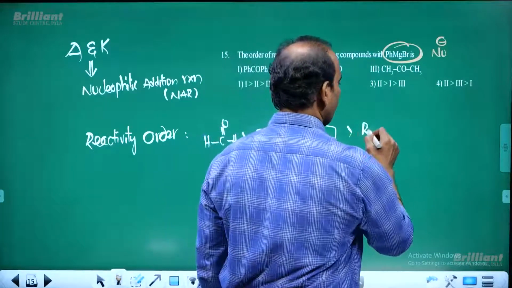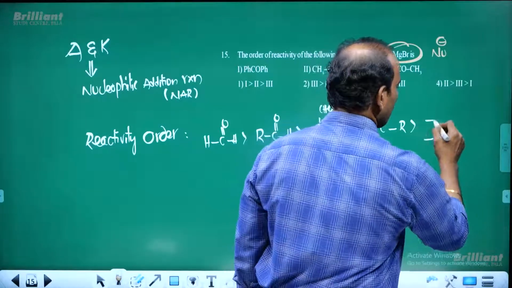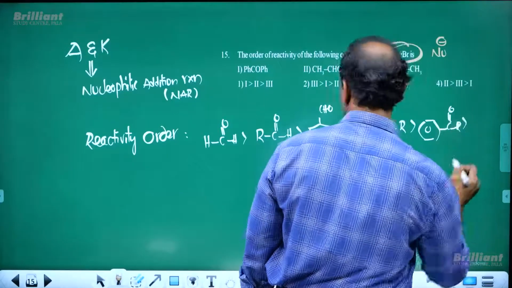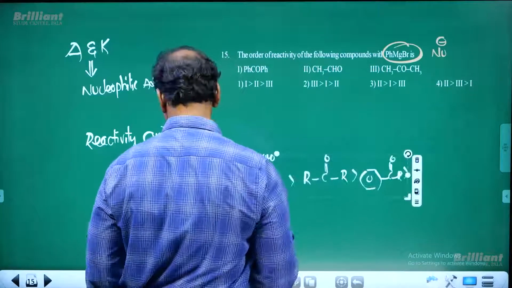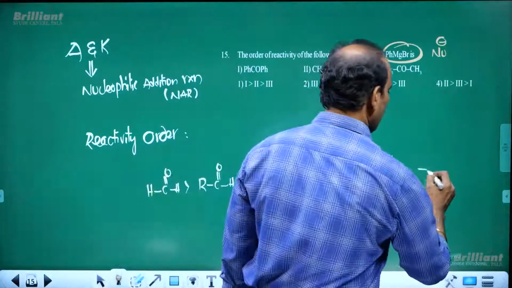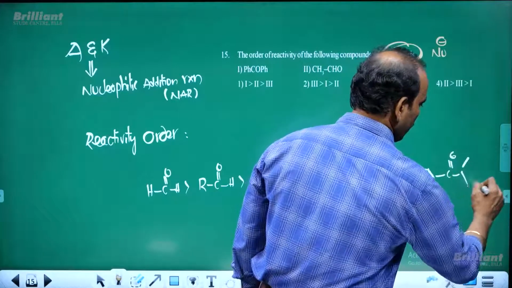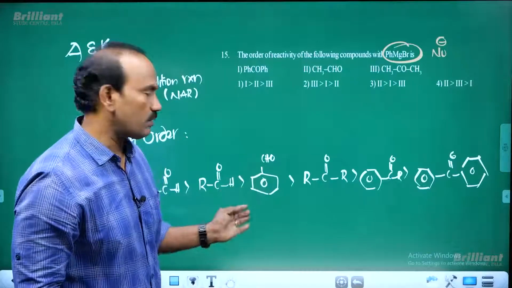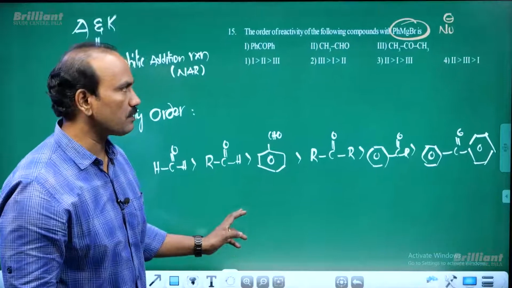Next one is... then... Okay, no? These are, because the benzene ring is somewhat releasing in character also, based on the conditions.